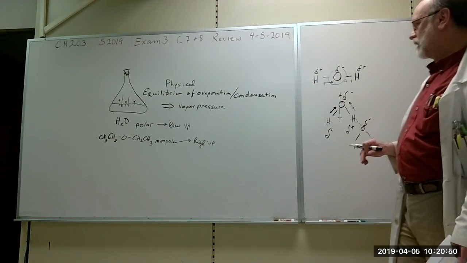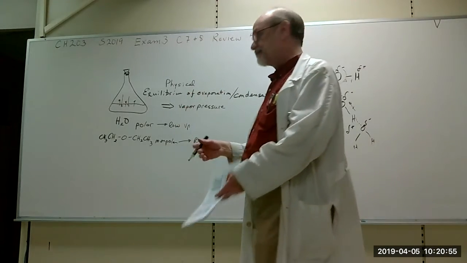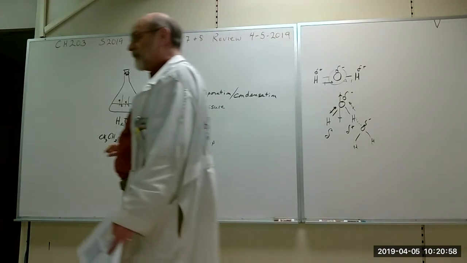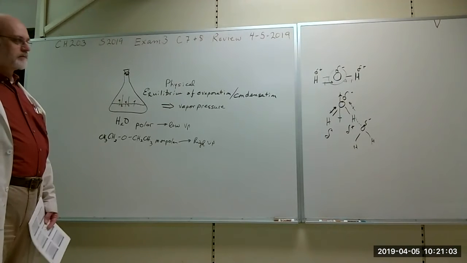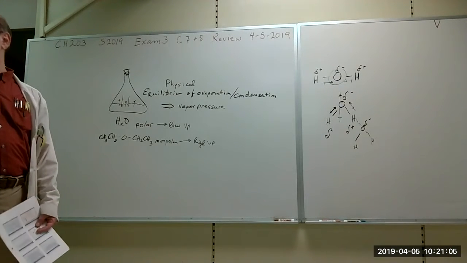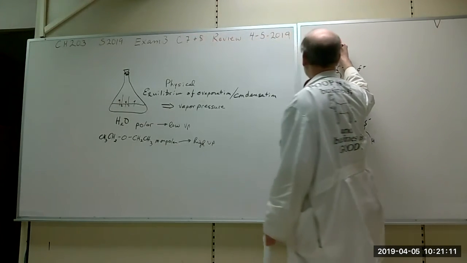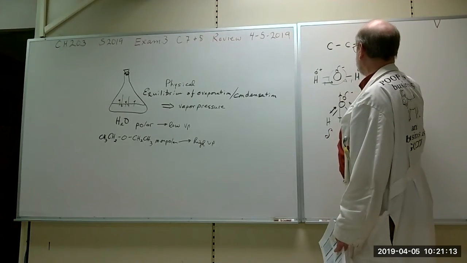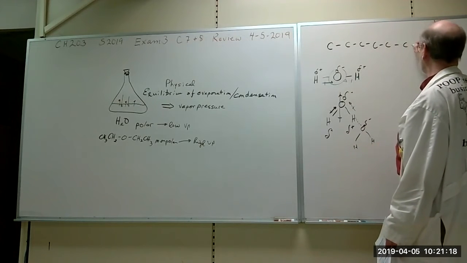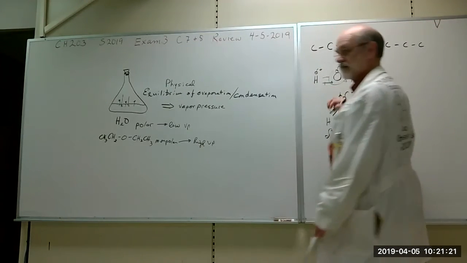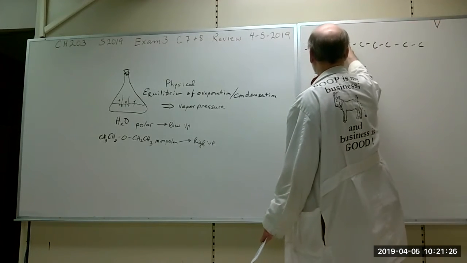Now, continuing with that topic of forces, things that are holding molecules together. If you don't have a dipole, say you have a nonpolar molecule, like octane, you know, in your gasoline tank, right? It's mostly octane. Octane is an aliphatic hydrocarbon with a long chain of carbons, 1, 2, 3, 4, 5, 6, 7, 8, octa, 8 carbons, and hydrogens.